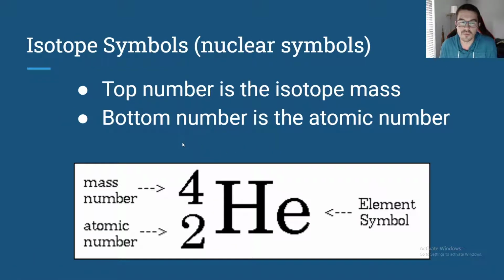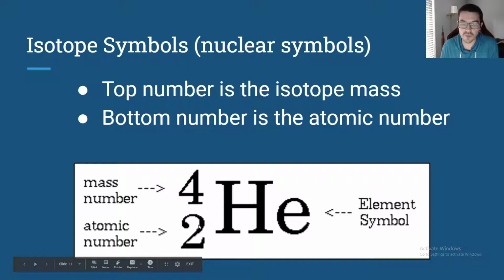And then isotope symbols, or nuclear symbols, can also give you similar information. They look like this. The top number, to the top left of the symbol, is the mass number, once again. And the number to the bottom left is the atomic number. Sometimes this atomic number will be omitted.